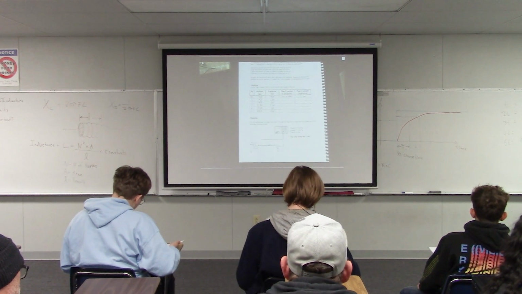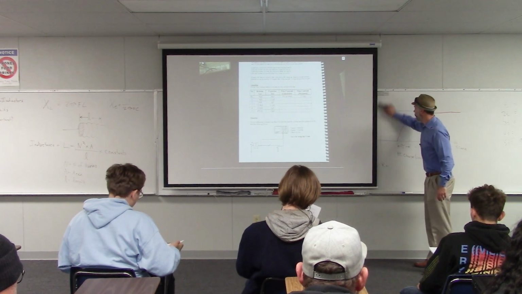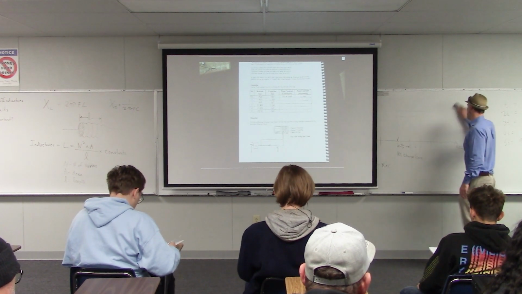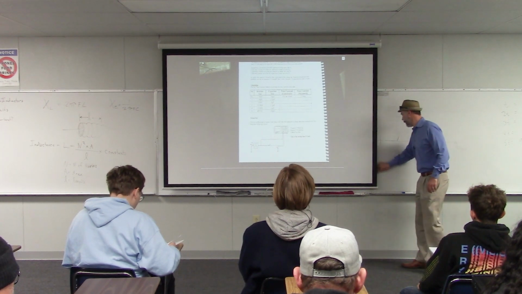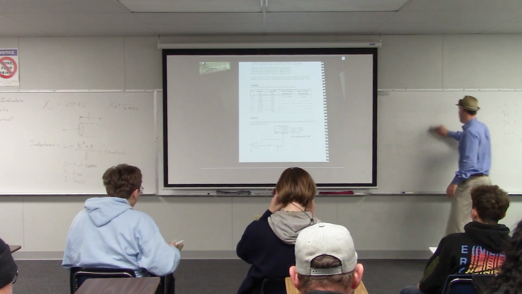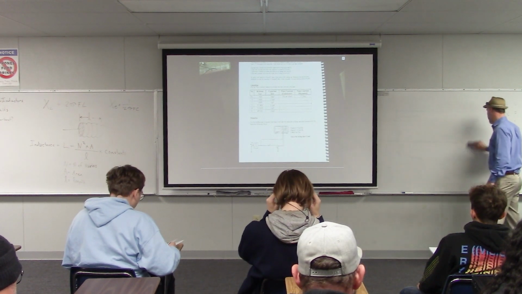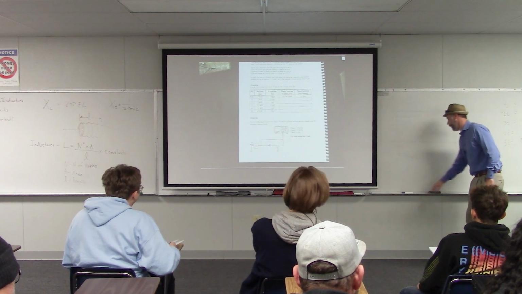I want to do one example here with you so that we all know what we're talking about. So I brought with me a 10 kilo ohm resistor and a 1 microfarad capacitor. So let's calculate what that time constant is, and then we'll build the circuit and measure it and see how close we were. Okay?